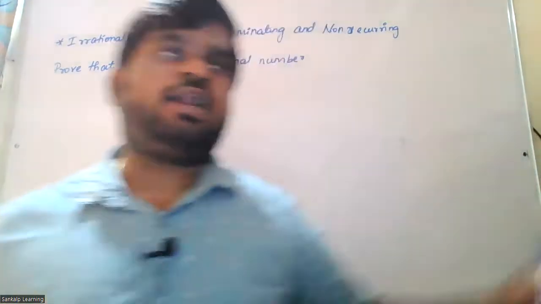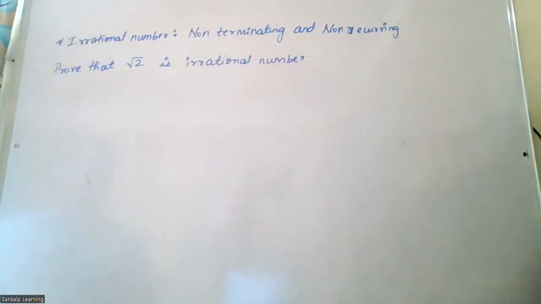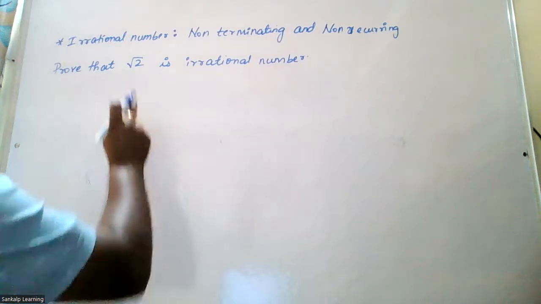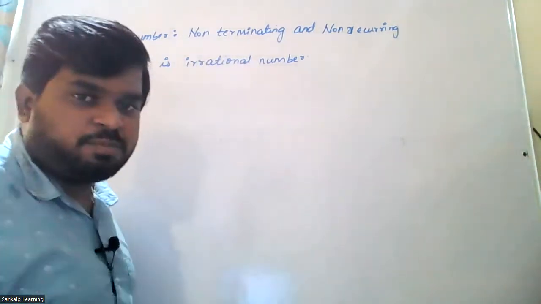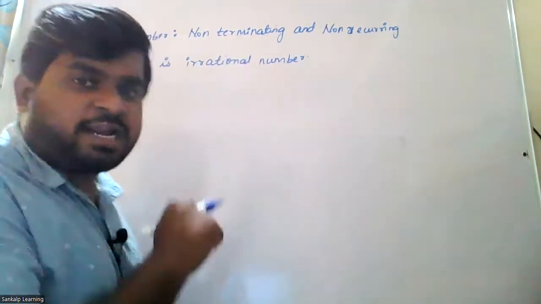Okay. Let's do that. We're going to prove this by the contradiction method. That is, I have to prove root 2 is an irrational number, but we'll assume it is a rational number.